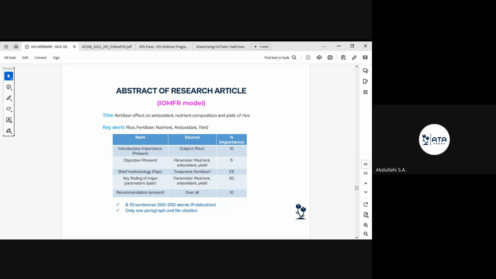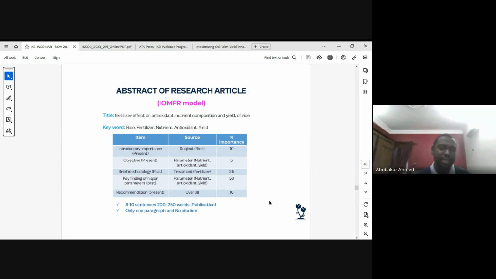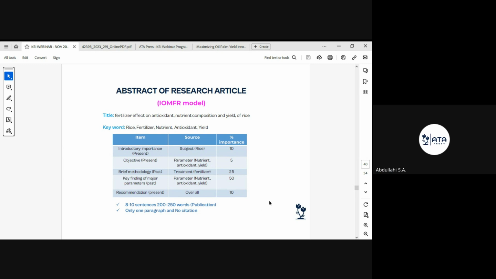Do we have questions for the doctor? I believe everything is flowing well. All right, doctor, I don't think there's any question for you, but if there is, you can type your question on the chat board. Before we take questions, let me use just 3 to 5 minutes to discuss the abstract of a research article. All right.